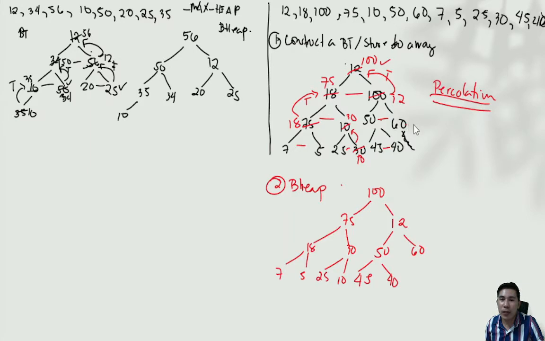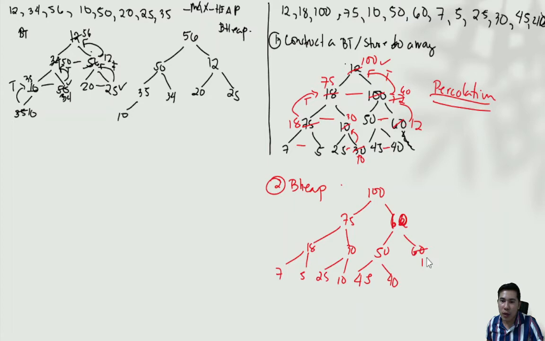Therefore, what we'll do is swap 60 and 12. So you have your 60, 12, and then the 12 doesn't have any children. So it stops there.